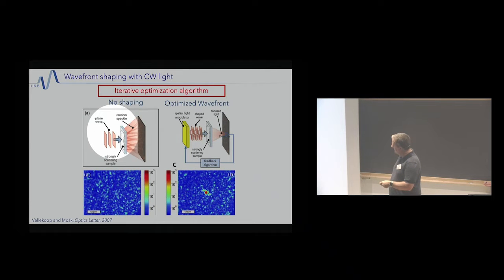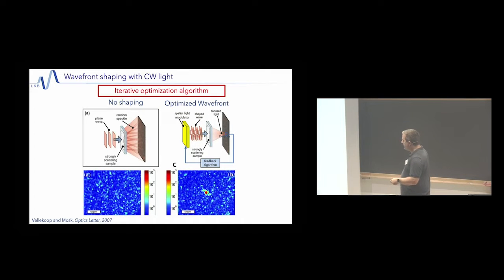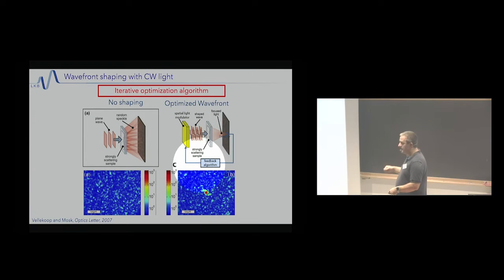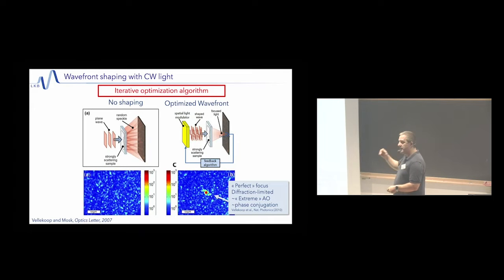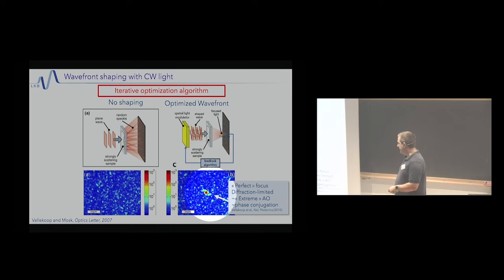If they send a plane wave through the scattering medium, they get a speckle. What they did was put a detector and optimize the wavefront with a feedback loop in order to maximize the intensity at the detector position. And they obtained an extremely striking result: not a small enhancement, but a huge enhancement. They get a very strong focus, 1,000 times brighter than the background, which was diffraction limited.